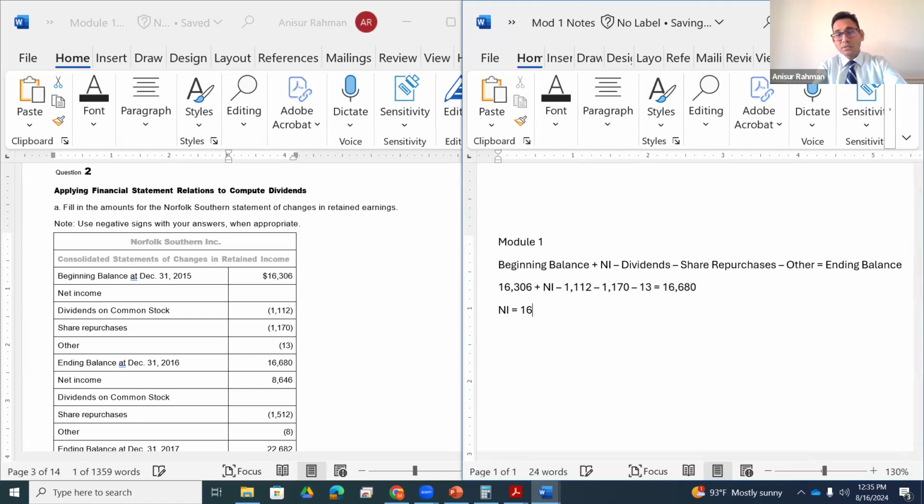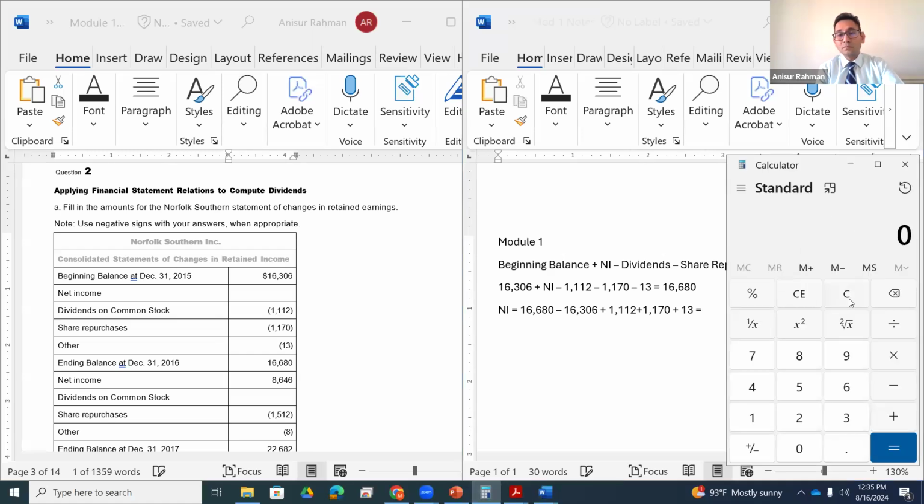So 16,680 minus 16,306 plus 1,112 plus 1,170 plus 13 gives $2,669.